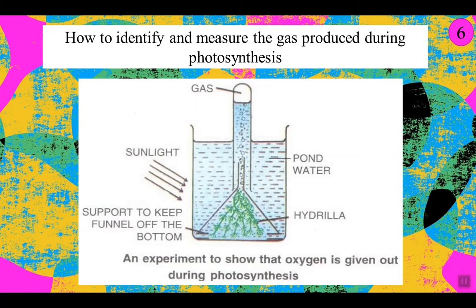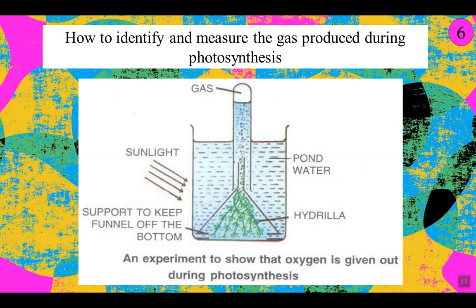How to identify and measure the gas produced during photosynthesis. In this experiment, we investigate the gas produced during the photosynthesis process. As we recall, oxygen is a byproduct of photosynthesis.